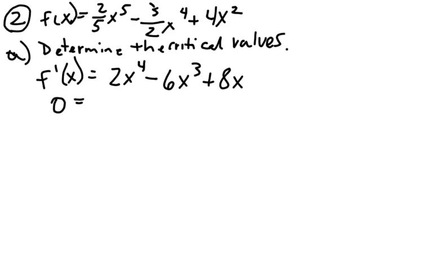And now I'm going to look at, is this thing factorable? Well, I can see that it has a greatest common factor for all three of these terms right now. 2 goes into each term, also x goes into each term. So that would leave behind x cubed minus 3x squared plus 4.